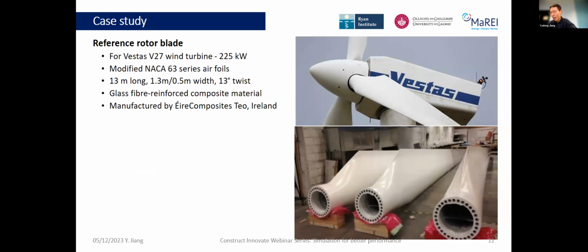The wind turbine we focused on in this case study is the Vestas V27 wind turbine, which is a small wind turbine with 225 kilowatts power capacity.